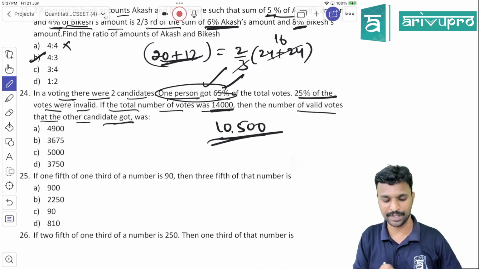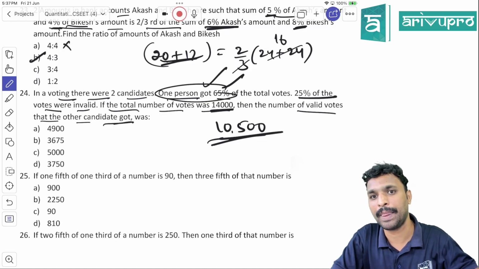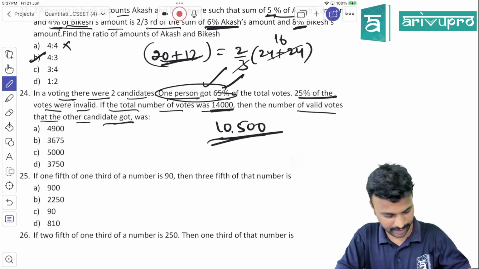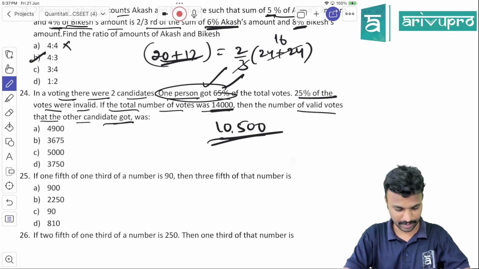Now tell me, 10% of 10,500 is what? 1,050. 30% is 3,150. What is the answer?